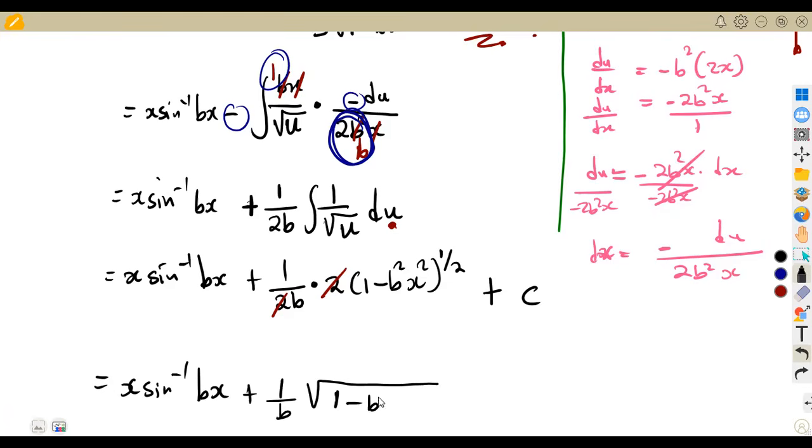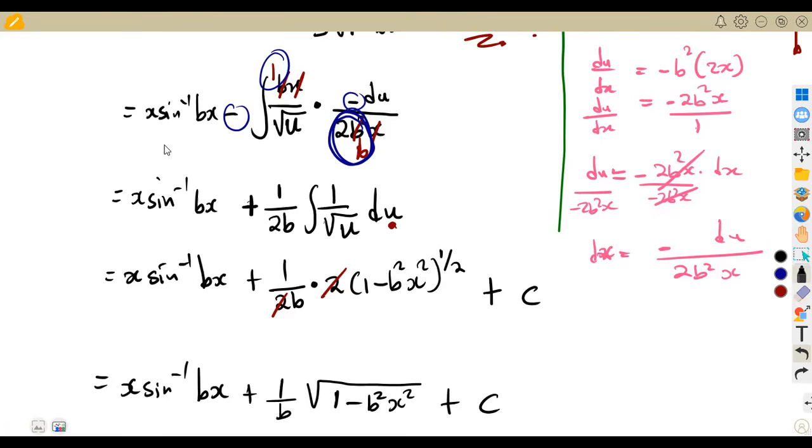To the exponent of half means the square root. This b squared x squared can be written as bx squared; it's one and the same thing. Then we add the constant of integration at the end. We are done, exactly as this.